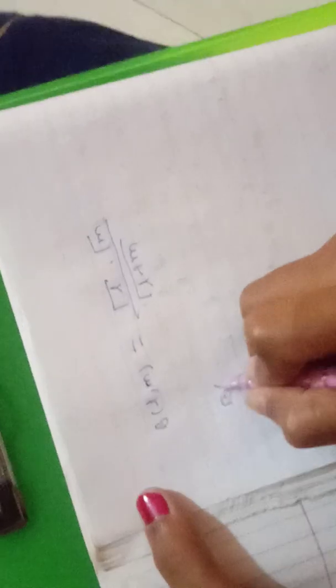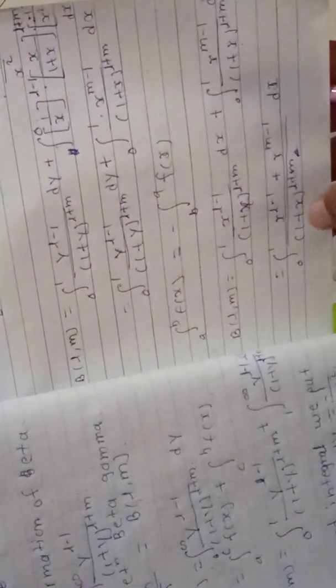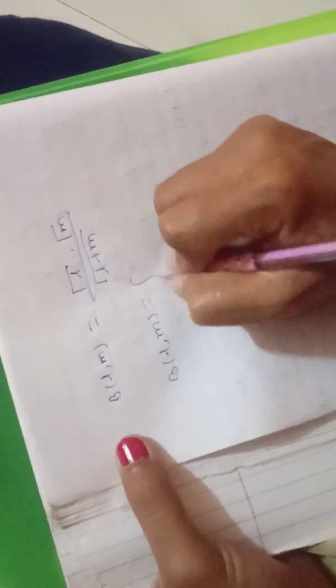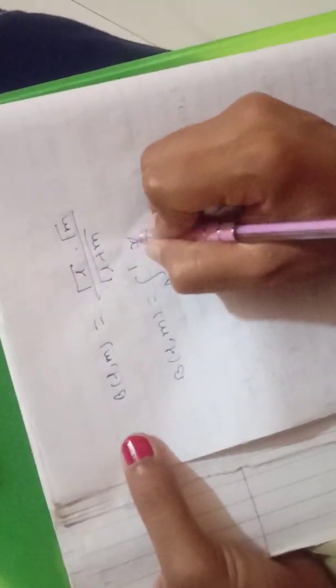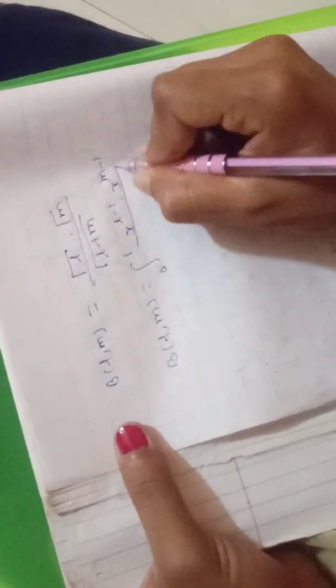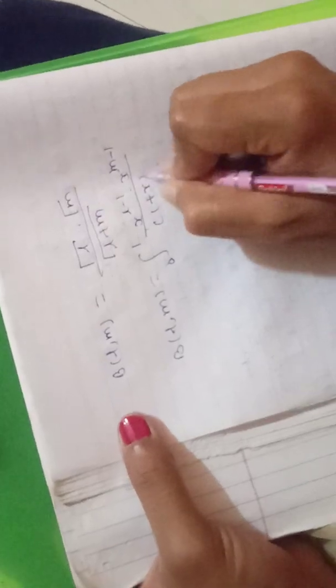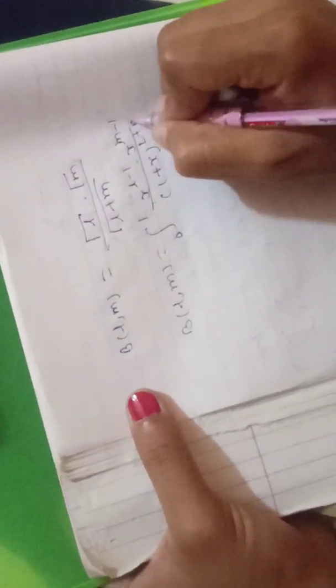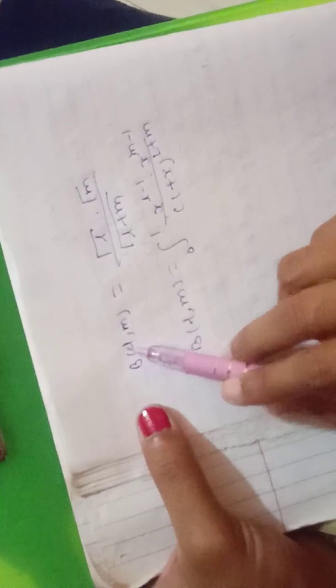And here we find beta of l and m, that is this integration 0 to 1 x raised to l minus 1 plus x raised to m minus 1 divided by 1 plus x raised to l plus m, then integration 0 to 1 x raised to l minus 1 into x raised to m minus 1 divided by 1 plus x raised to l plus m. So the right side is equal, so the left side is also equal.